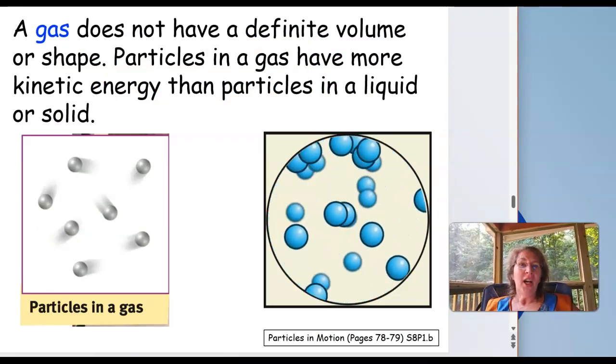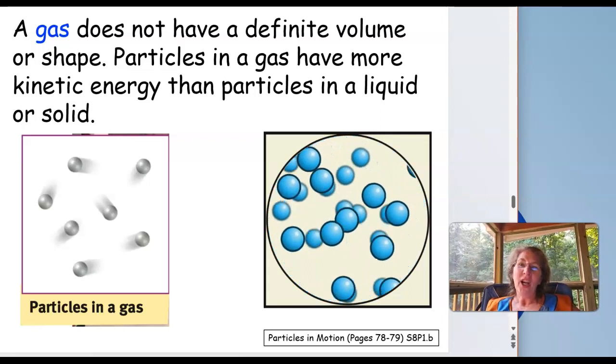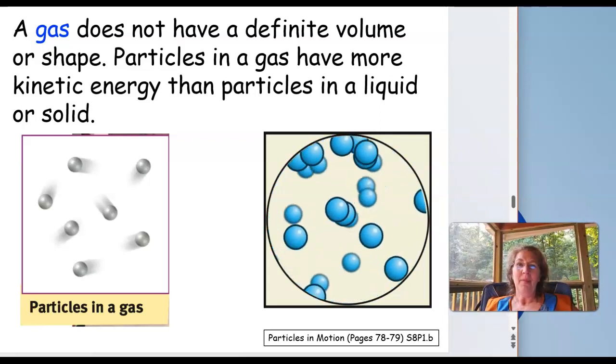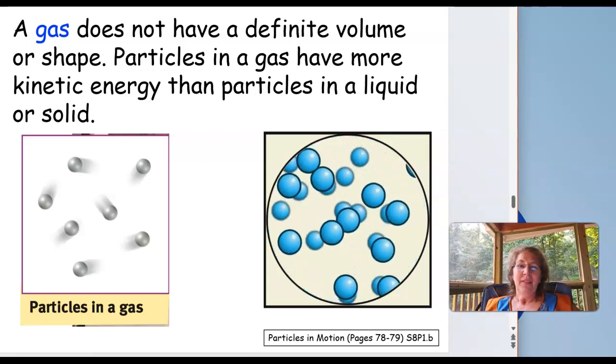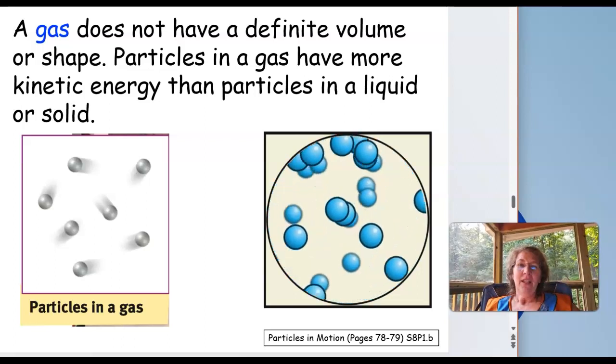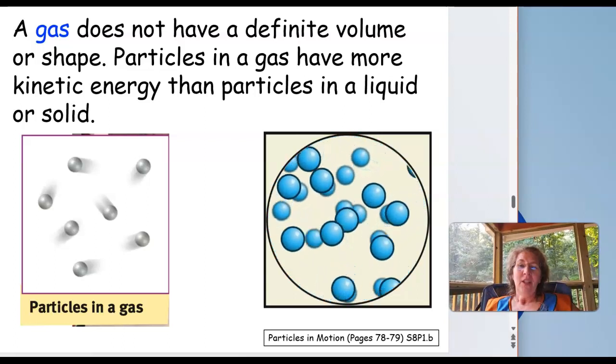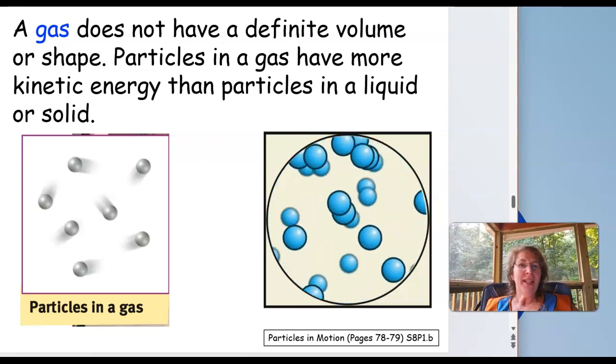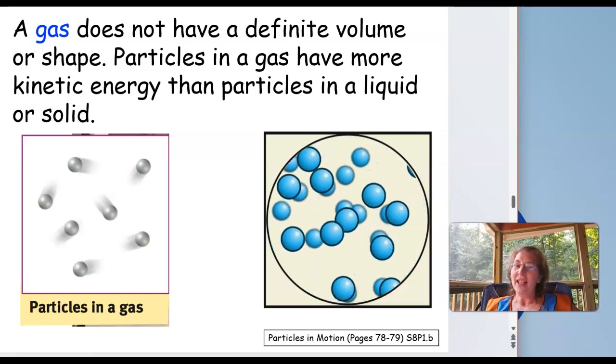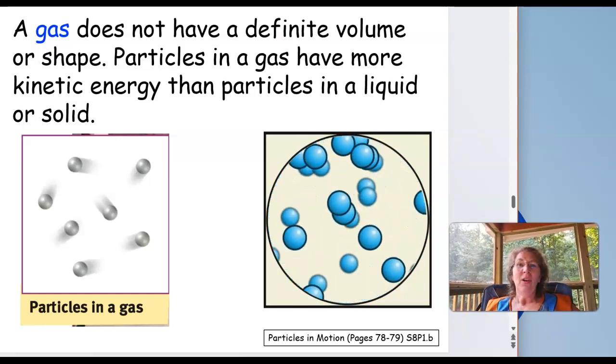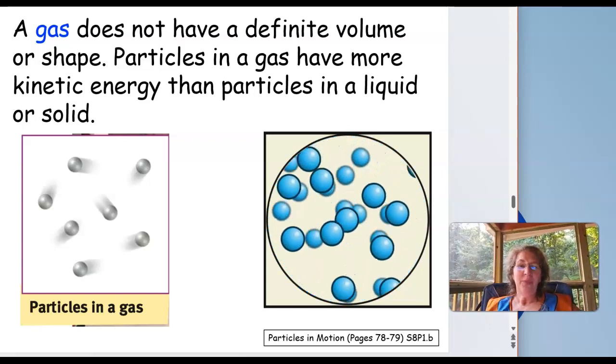Gases do not have a definite volume, and they do not have a definite shape. So remember, when you're comparing these three states, that you're going to talk about whether it has a definite shape or a definite volume.